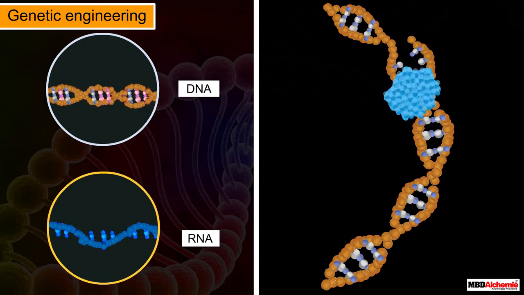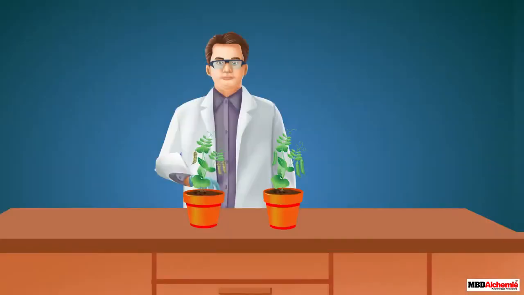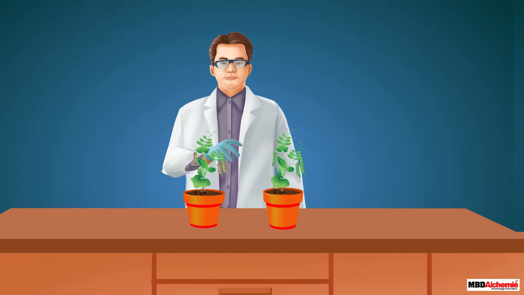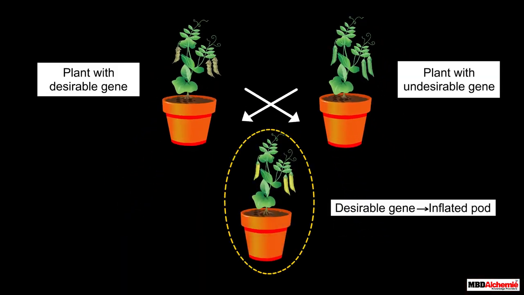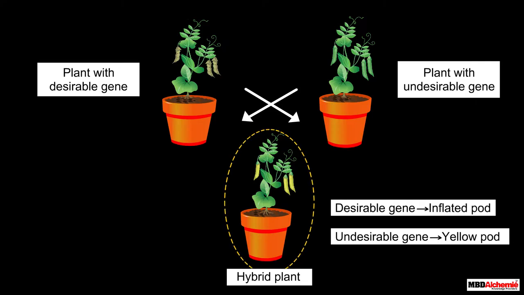To understand it better, let us see the conceptual development of the principles of genetic engineering through an example. Roshan is a scientist who works on plant hybridization. Every time he crosses the two plants along with the desirable genes that he chooses to see in his hybrid plant, some undesirable genes are also transferred from the parent plants to the hybrid plant.